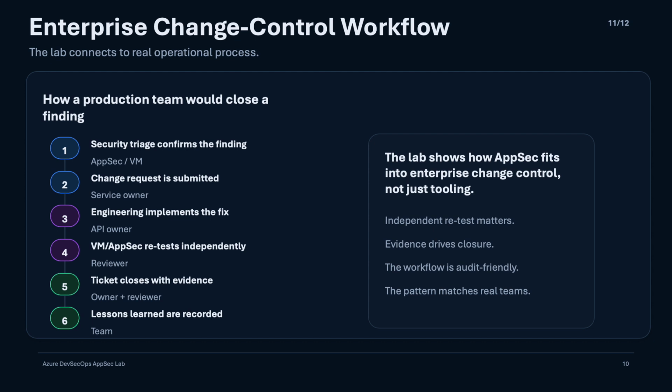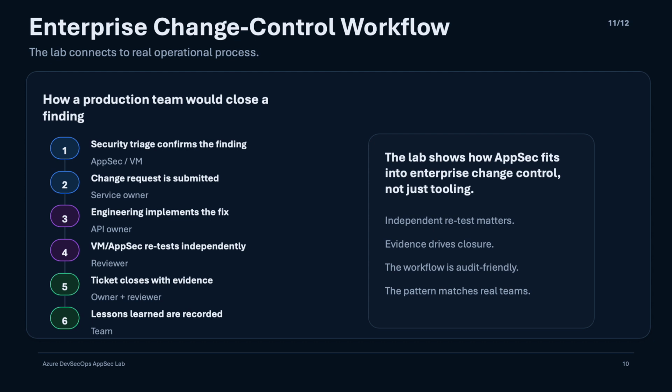All right, and this slide is going to connect this lab to the actual real enterprise workflow. In a production environment, there's usually separation of duties. The person implementing the fix should not be the same person independently validating the remediation. The process usually starts with triage.